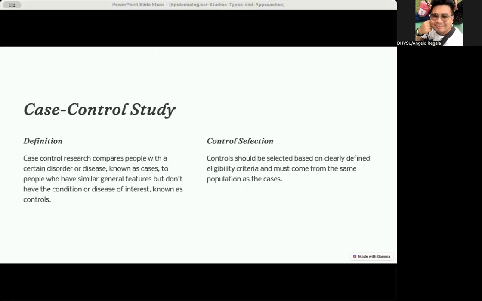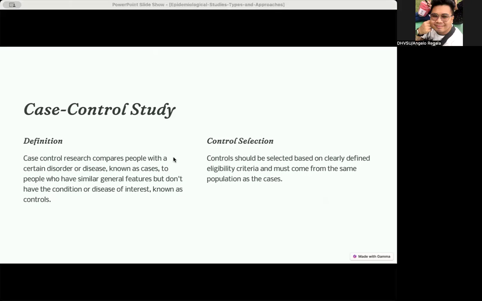Another one is the case control. Okay, so in a case control, you compare people with a certain disease, which we call cases, to those people who possess similar characteristics or similar features, but that doesn't mean that they have the actual case or disease itself.